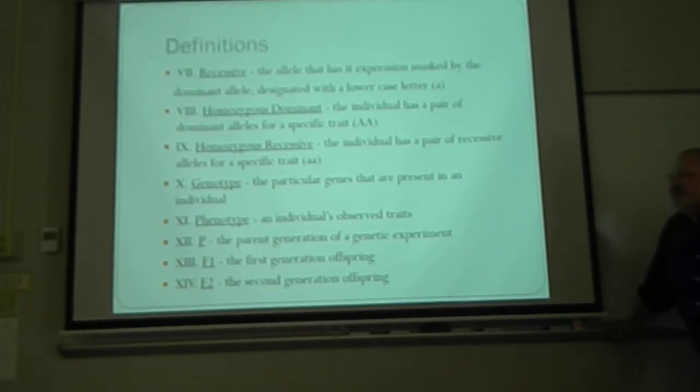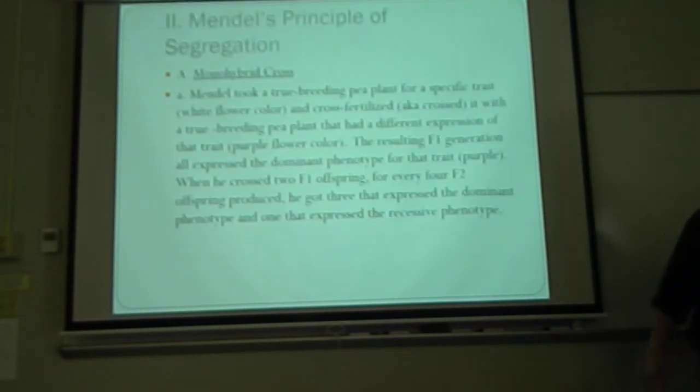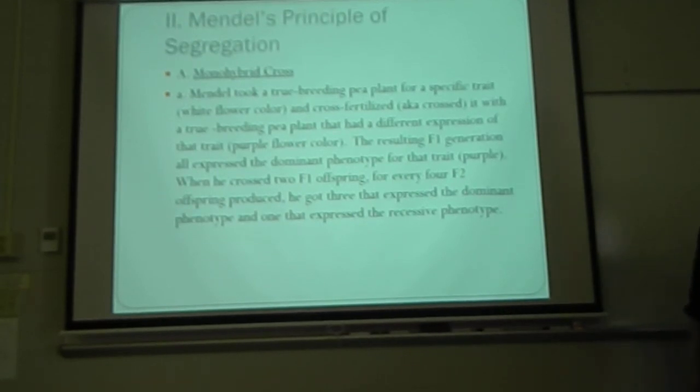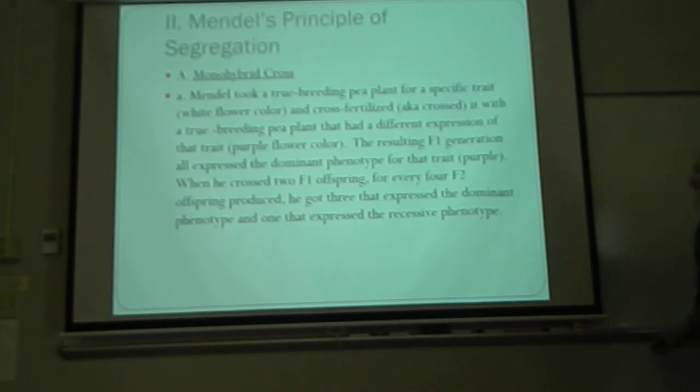And then the second generation of offspring will be F2, or second filial generation. And so this leads us into looking at specific traits.